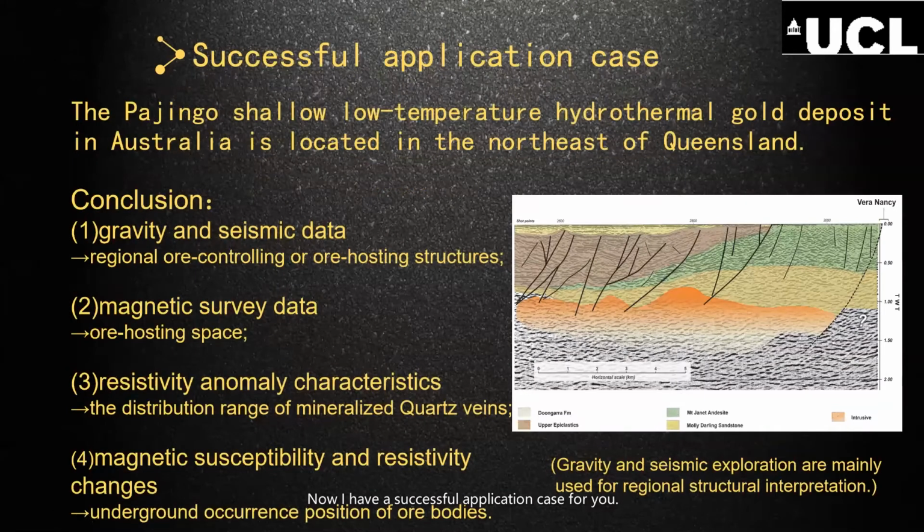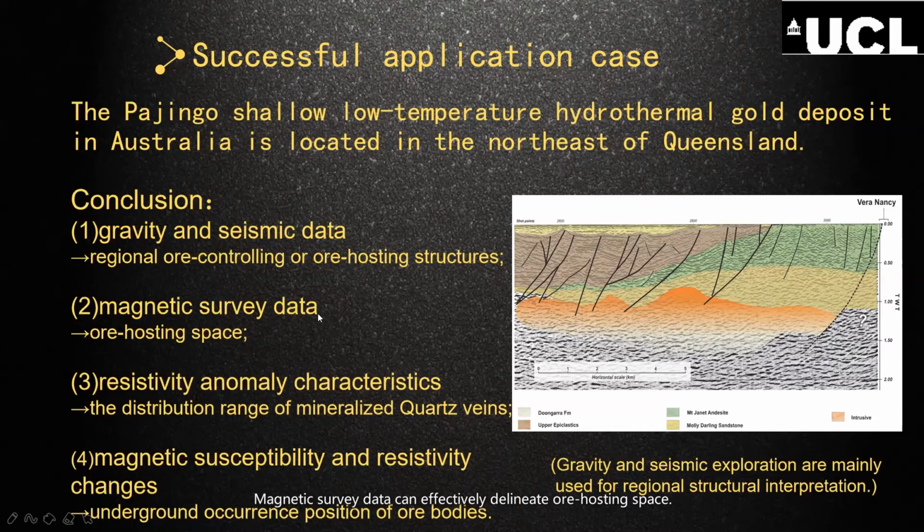Now, I have a successful application case for you. It happens in Northeast Queensland, Australia. Some conclusions can be drawn. Gravity and seismic data can explain regional ore-controlling or ore-hosting structures. For instance, in the right side figure, gravity and seismic exploration are used for regional structural interpretation.